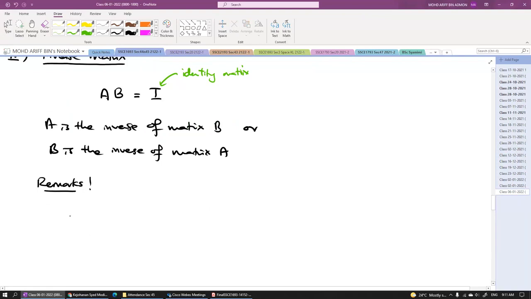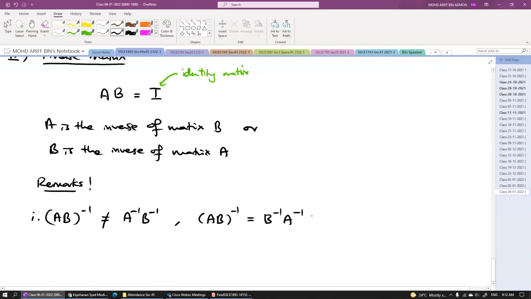The first remark: (AB) inverse is not the same as A inverse B inverse. Remember, this is not similar. Whereas (AB) inverse is actually B inverse A inverse.